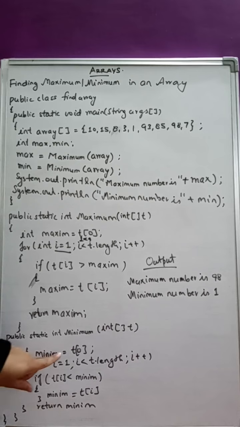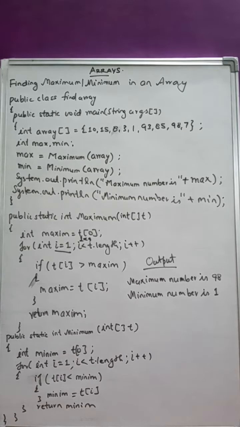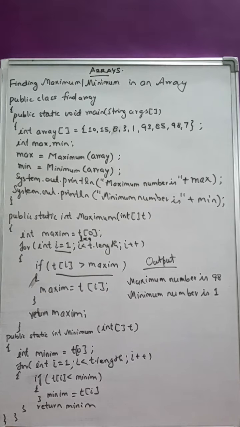Now coming over to the minimum part, in the minimum function also we have just declared the minim variable over here, and in that we have stored the value on the zeroth index. Again we will be comparing the same thing. The difference is that over here we have written t of I is greater than maximum, and the condition will be just opposite when we are finding the minimum. So t of I is less than minimum.